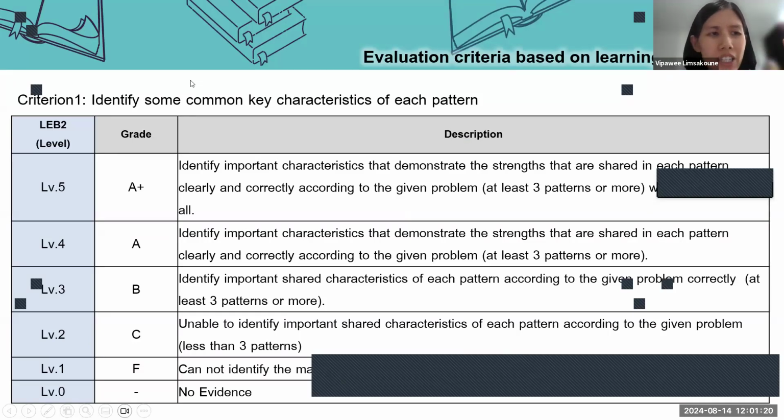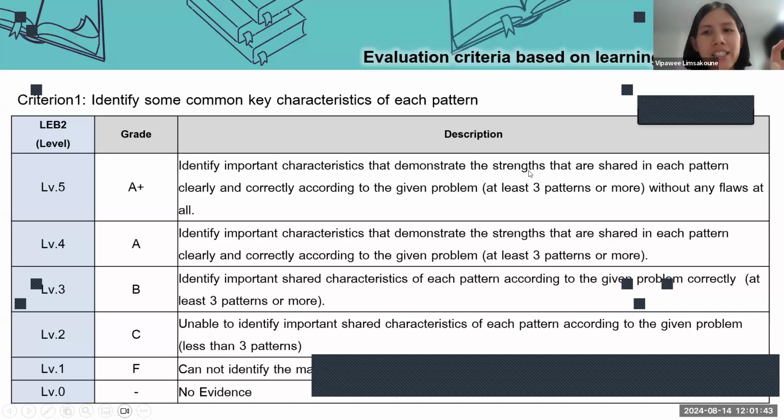Regarding the rubric, for the first criterion, identify common key characteristics of each pattern. You will receive level 5 if you have identified important characteristics that demonstrate the strengths shared in each pattern clearly and correctly according to the given problem.